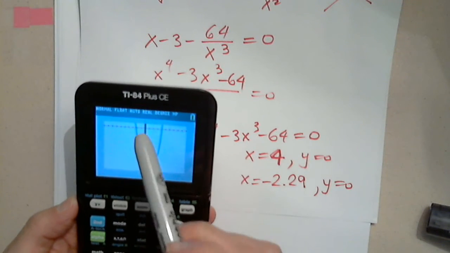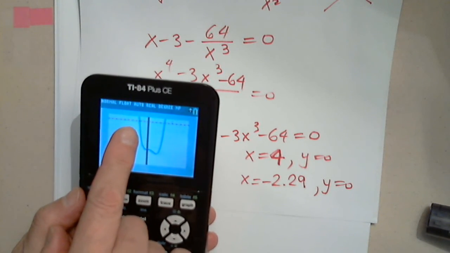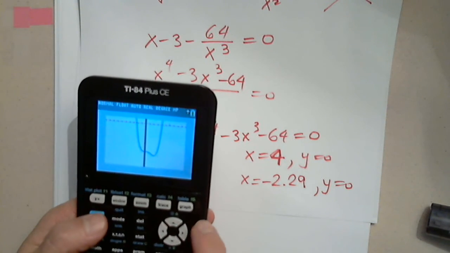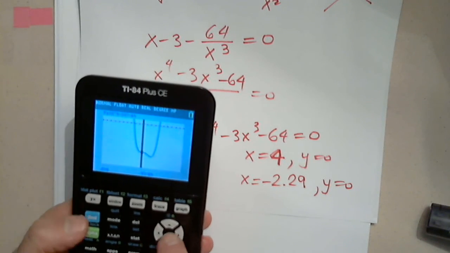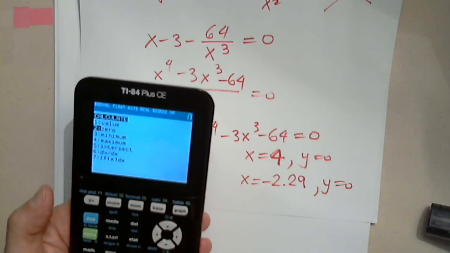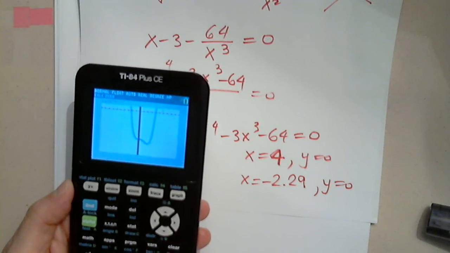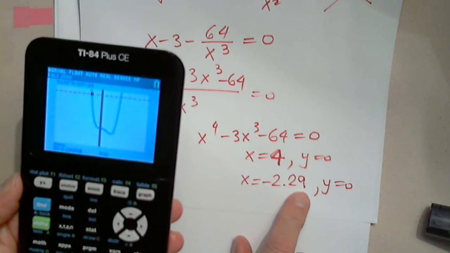Let's say we don't know. So I go to second and calc. I know, though, that the solution is between -3 and -2. So second and calc, and I want the zero, between -3 and -2, give me the zero, and it has to be negative 2.29.